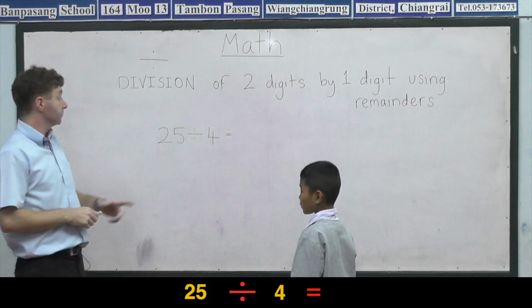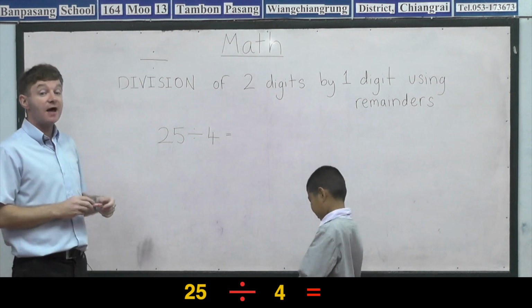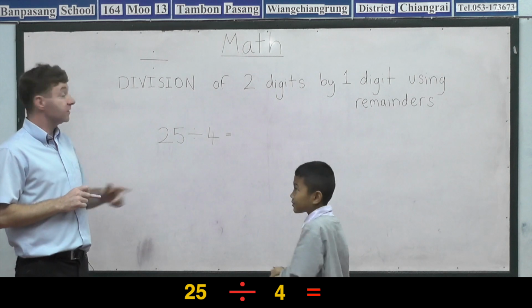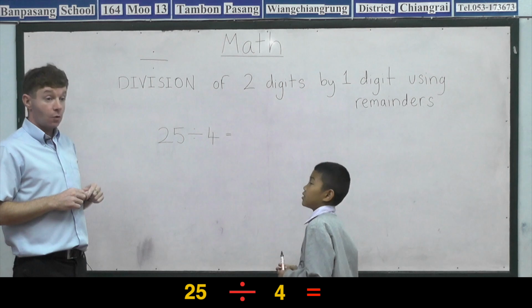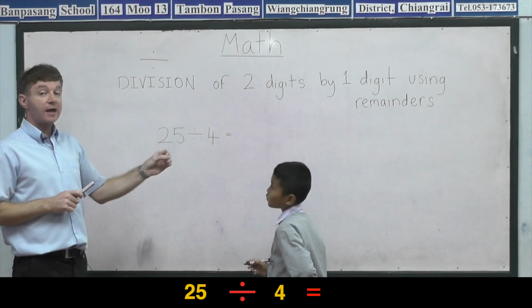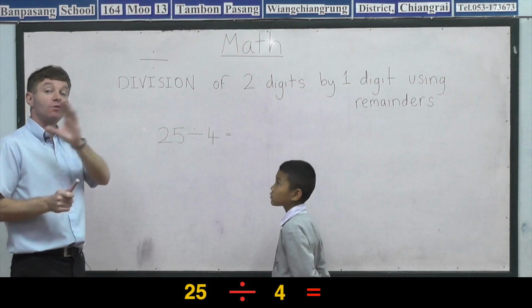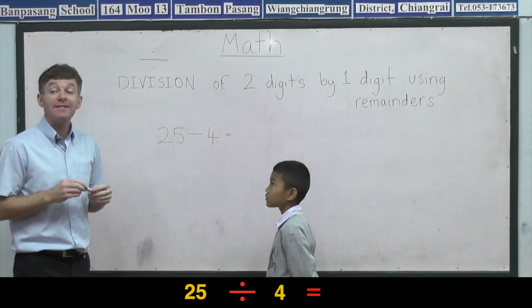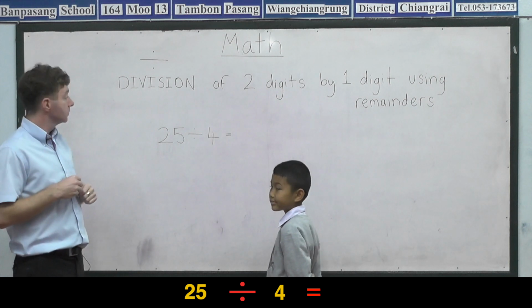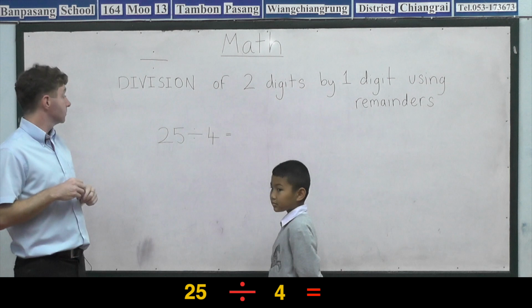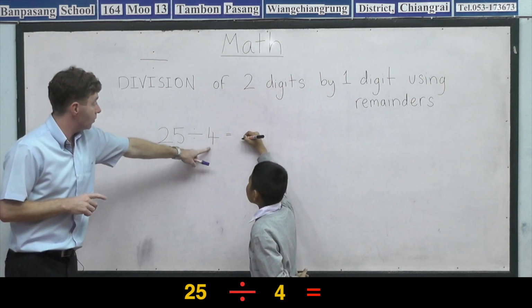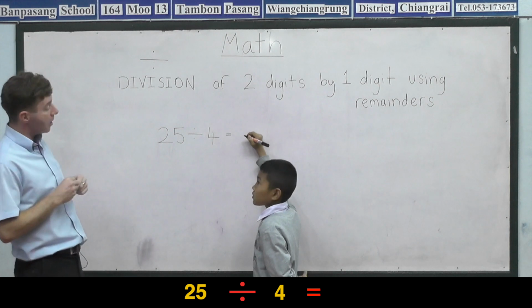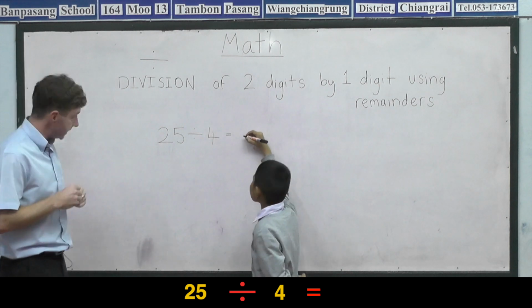Black. Okay, so we're starting with 25, divided by 4. So we need to work out how many times 4 will fit into 25. What do we think, Bangpon? 4 into 25, how many times? 6.